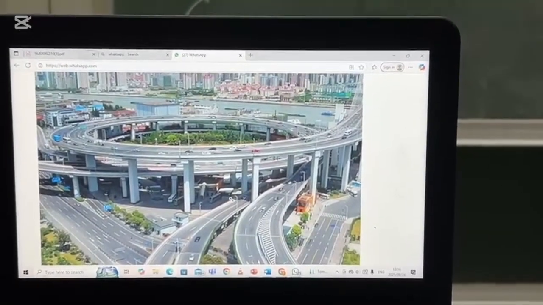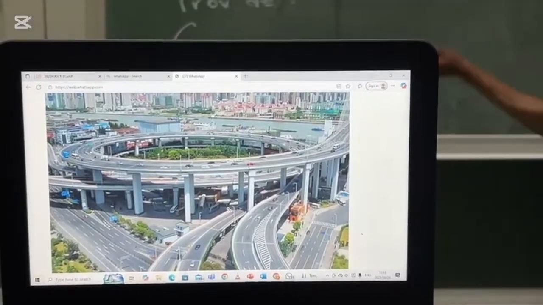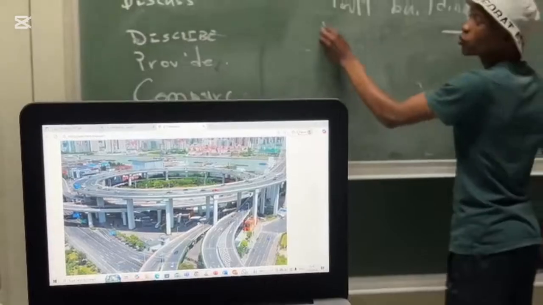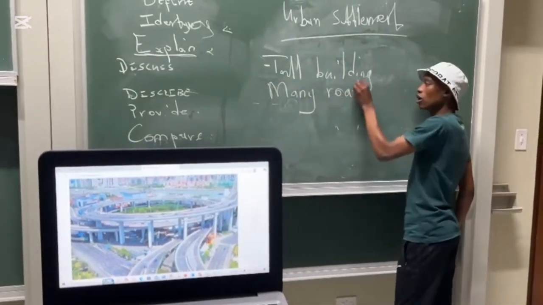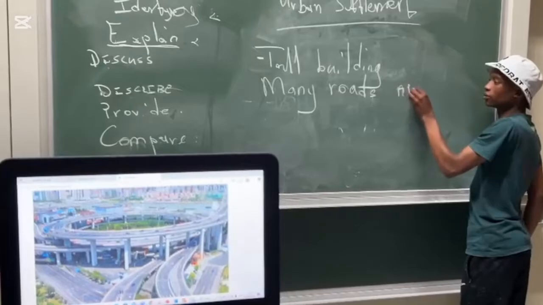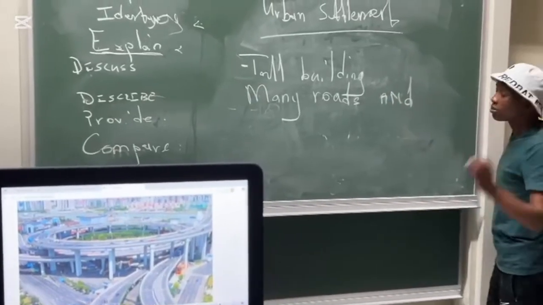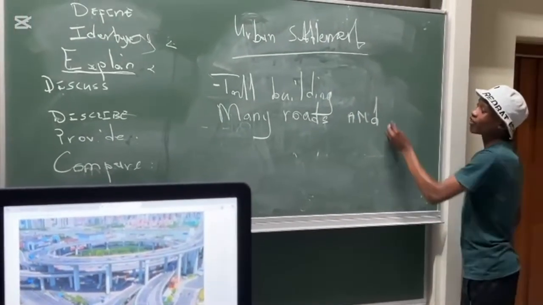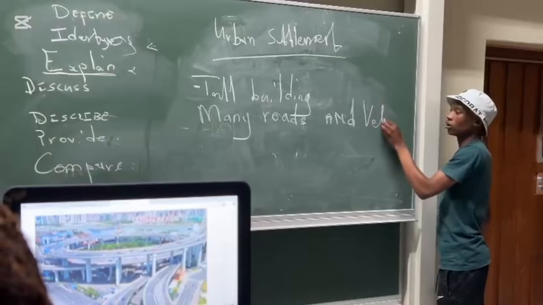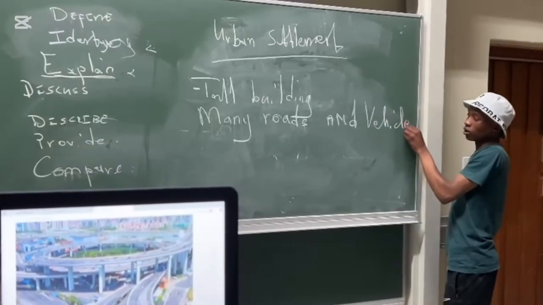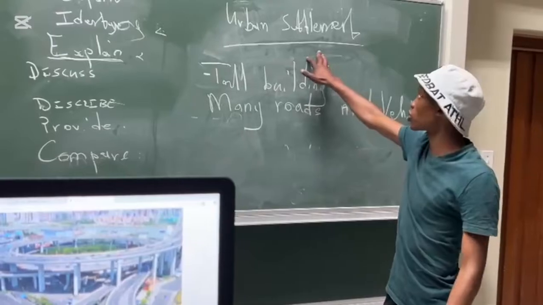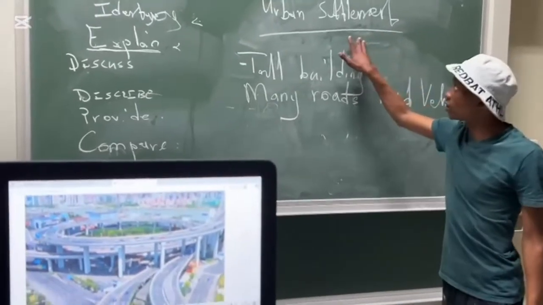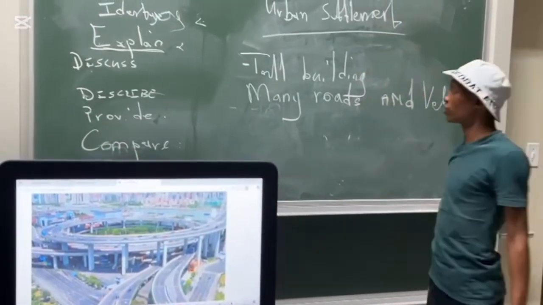And then there are also many roads, as you can see there in the picture, many roads and vehicles as well. Meaning in an urban settlement you will access transportation more easily than in rural areas.